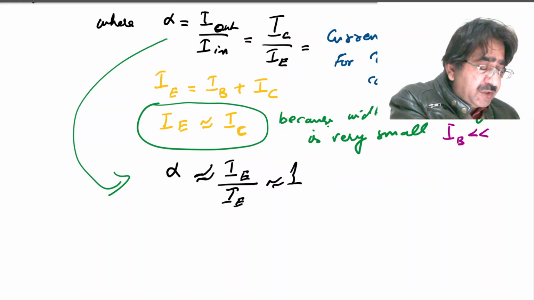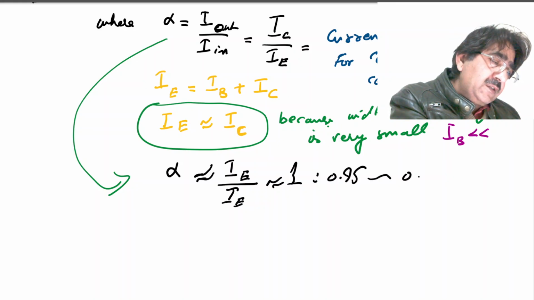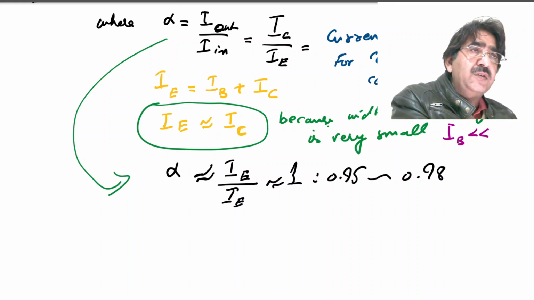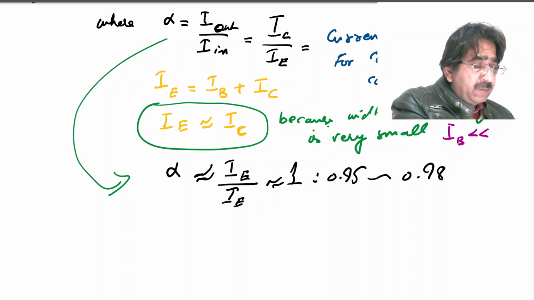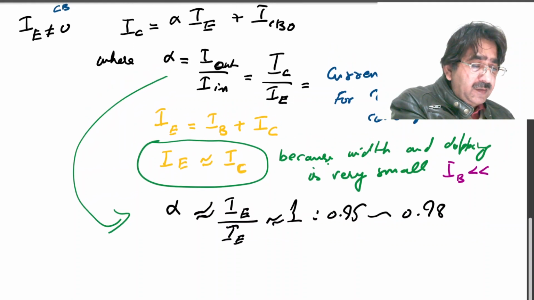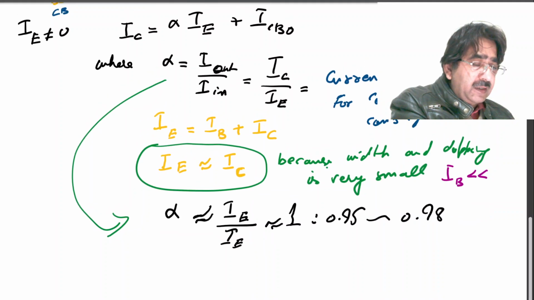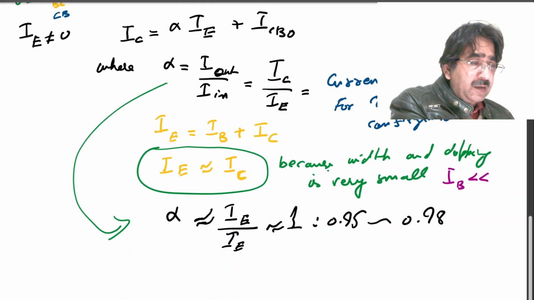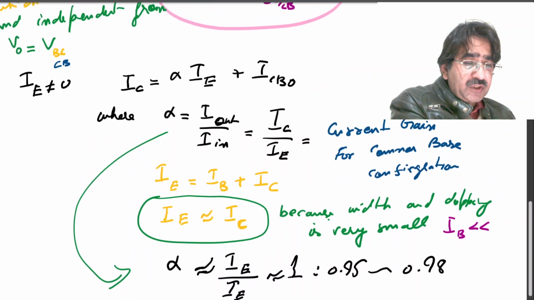Its value actually changes from 0.95 to 0.98, depending upon the width and doping of the base. So this is the current gain for the common base configuration.